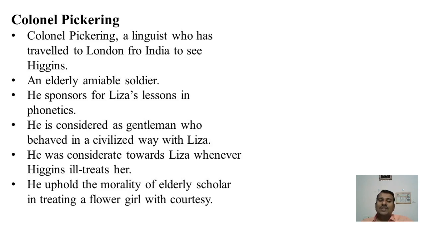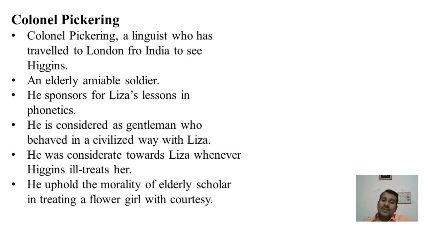When Lisa comes, he can only spend around 6 pence or something, where Pickering also offers her money for her tutoring. He is considered a gentleman who behaved in a civilized way with Lisa. Lisa thanks him for his kind and gentle behavior with her.